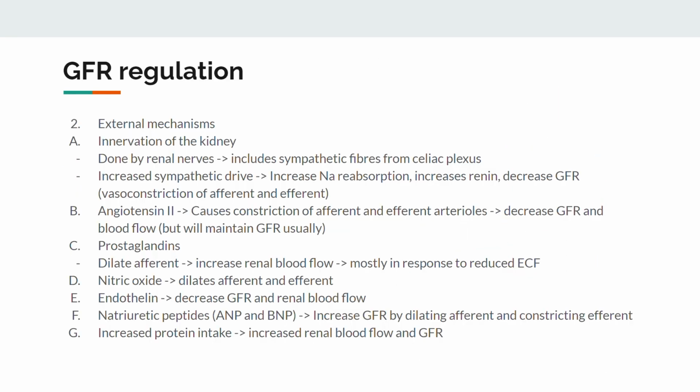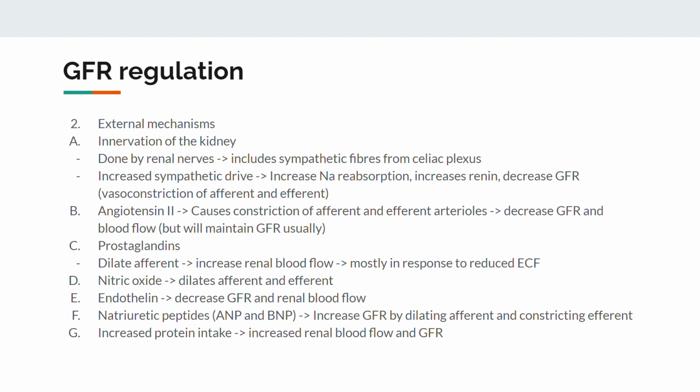So then moving on to the external mechanisms of GFR regulation, there's quite a few, but I'll talk about the most important ones. Probably the first most important one is the innervation of the kidneys. So this is done by the renal nerves, which includes sympathetic fibers from the celiac plexus. It's good to note that there's actually no parasympathetic innervation of the kidney, so it's all sympathetic.